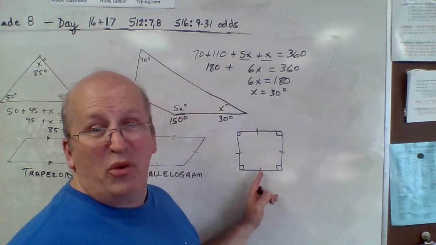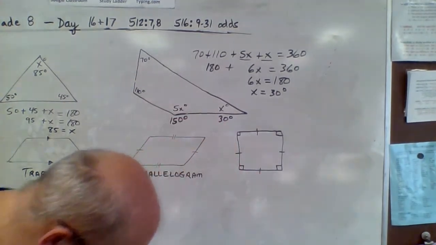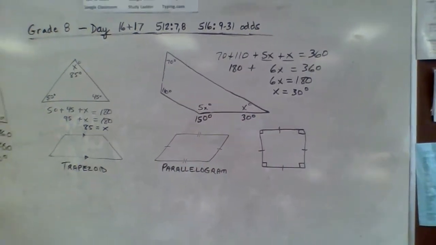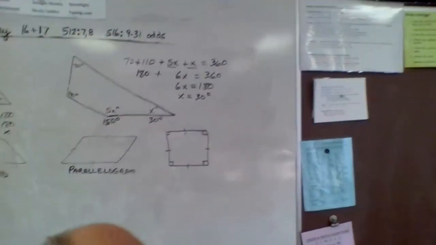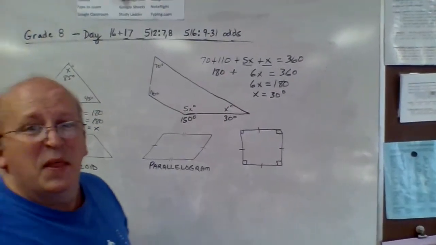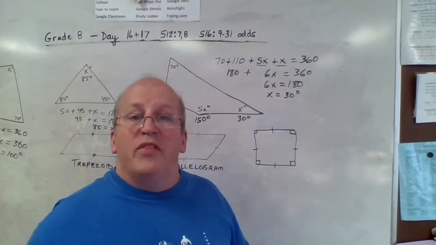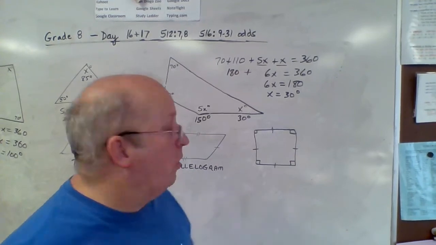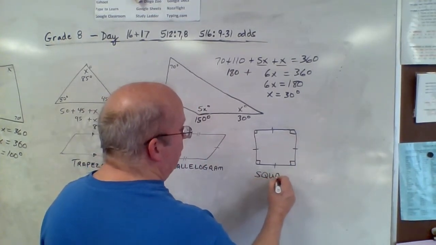And finally, it's also a square because it's got 4 congruent sides and 4 right angles. All of the definitions that I just mentioned are true statements about this shape. But which one of the names I just talked about is the most specific? Well, that would be a square, of course.